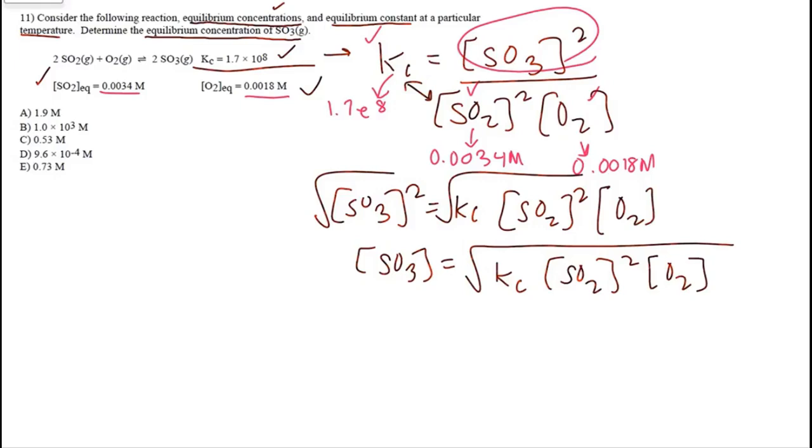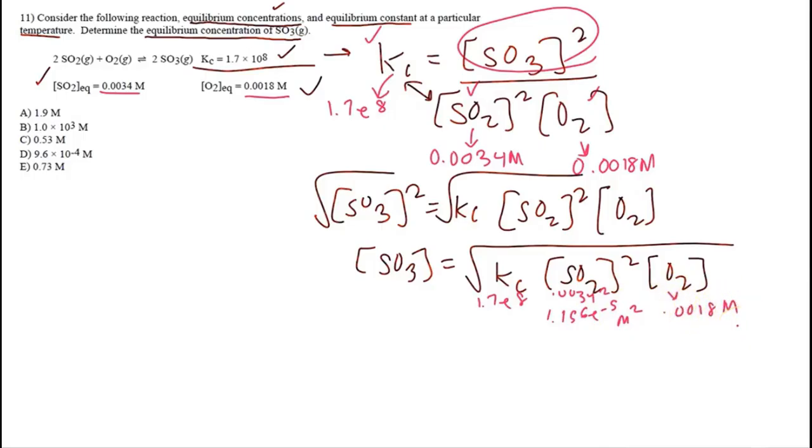All right, folks? So what do I like to do? I like to go ahead and get the numbers for every little part. Kc, we already know that. So that's going to be 1.7 e to the 8th. SO2 is 0.0034. So this is going to be 0.0034 squared. And so that's going to give me 1.156 e to the negative 5 molarity squared. And then this is just simply 0.0018 molar.